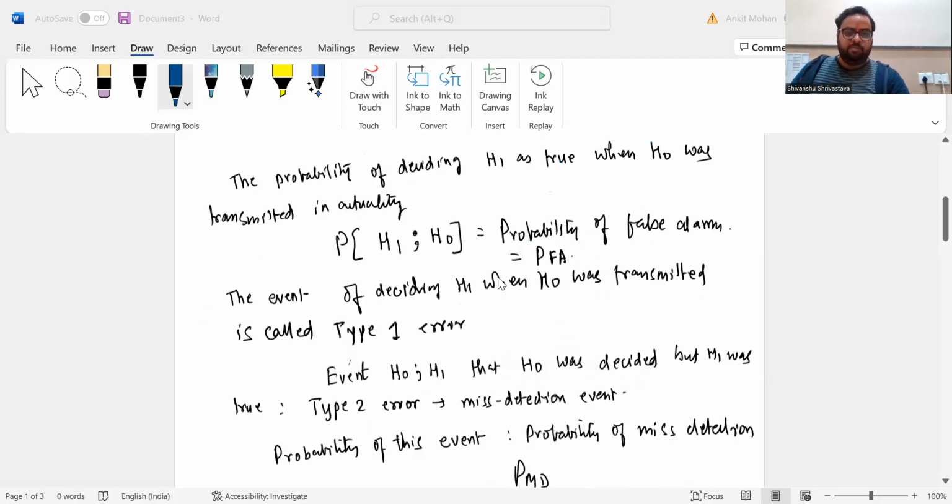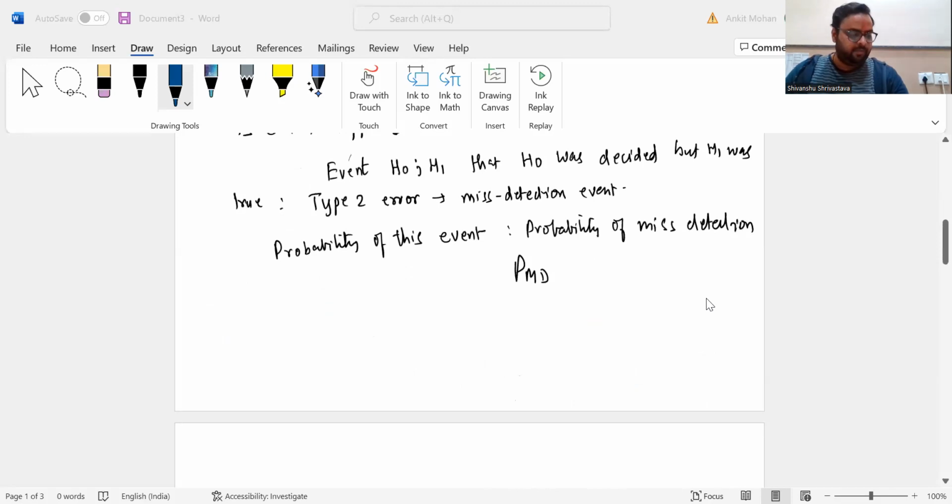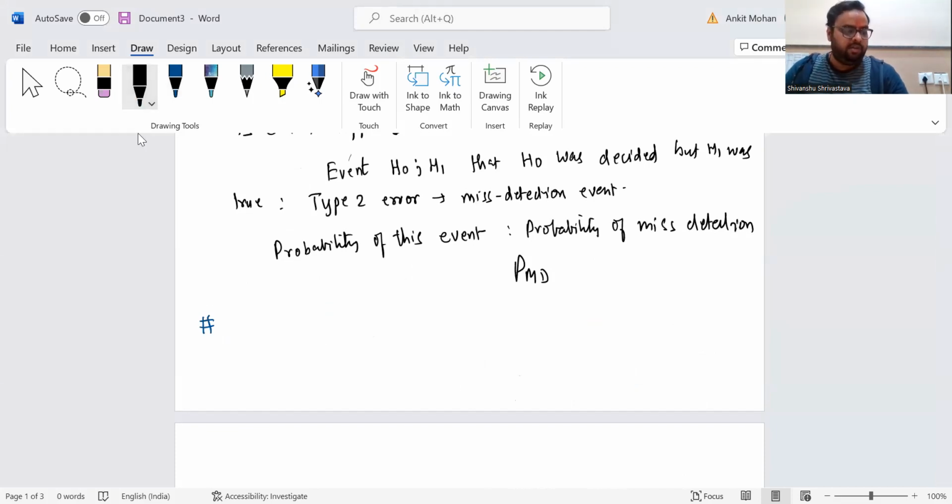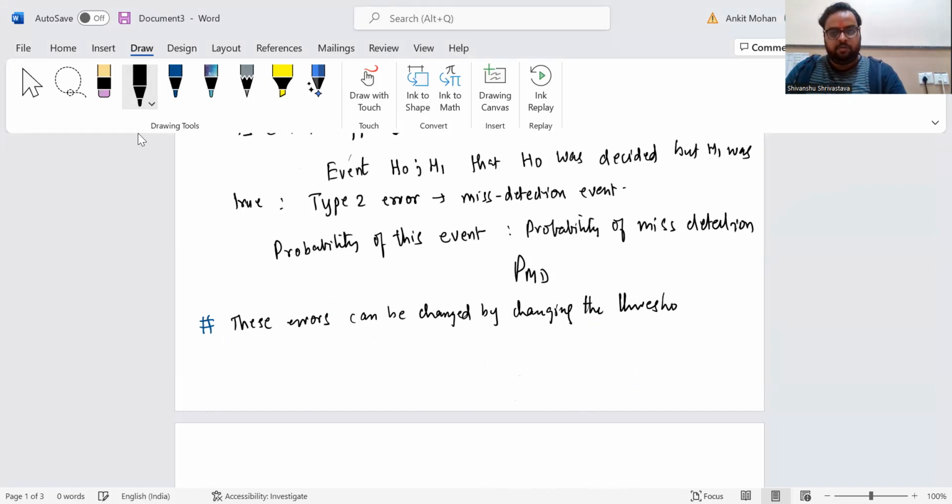These errors are totally based on the values of the threshold, and we can see very clearly that these errors can be changed by changing the threshold value.